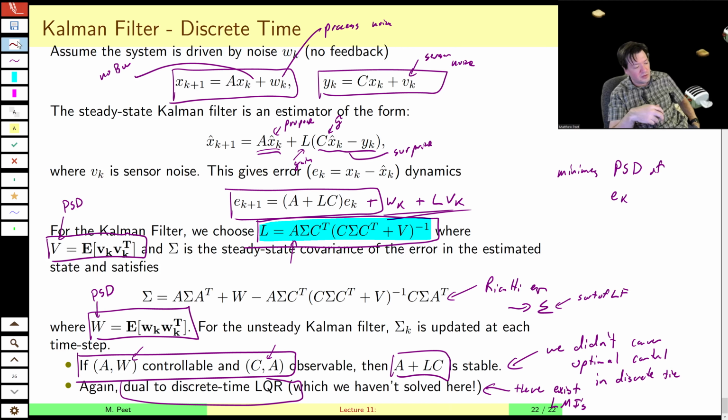So H2-optimal control gives you LQR, gives you LQG, gives you the Kalman filter, gives the discrete Kalman filter. It works in all of these cases. I don't go over it in too much depth because I don't really like the H2 norm, but also to avoid getting bogged down.